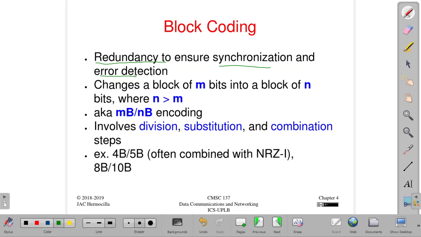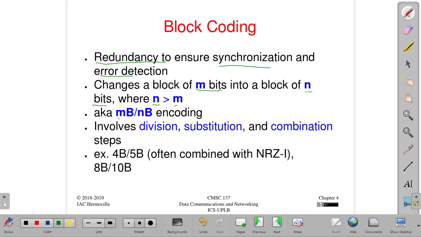So remember that synchronization is also important in the digital to digital encoding, because this will allow the receiver to properly interpret the signal received. Okay. So in block coding, what is done is it changes a block of M bits into a block of N bits, where N is greater than M.